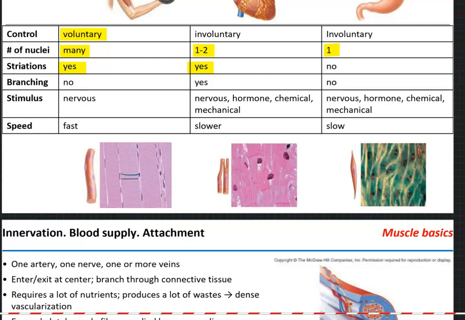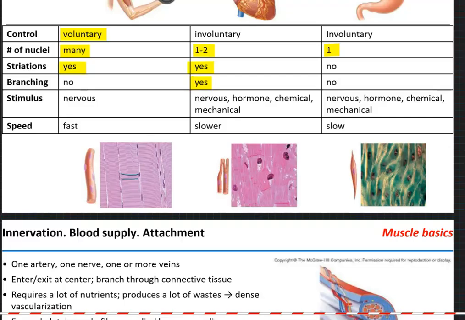The only branching type is the cardiac muscle, which makes sense because the heart has to contract not in a linear but in a three-dimensional fashion. And then they differ in terms of the stimulus that can trigger the contraction.